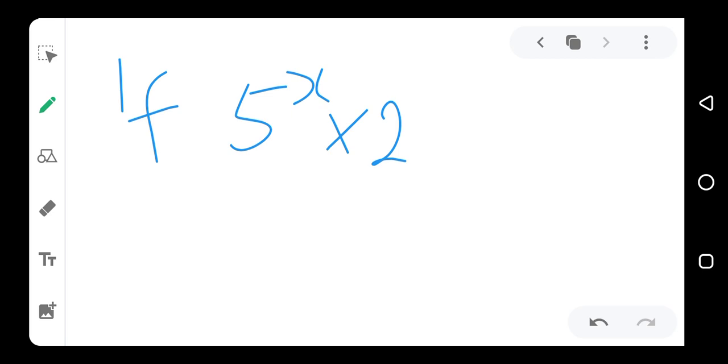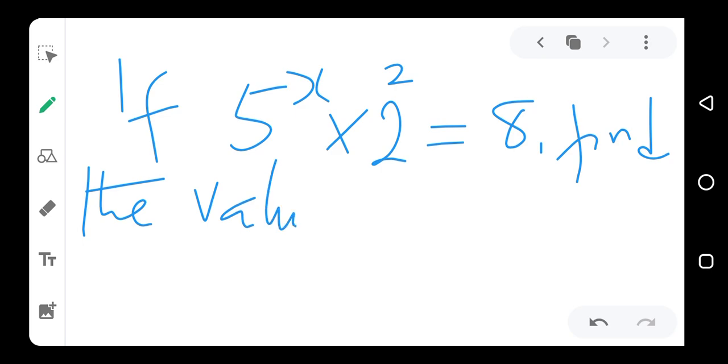Example 4. If 5 raised to power x times 2 raised to power 2 is equal to 10 raised to power 8, find the value of x.